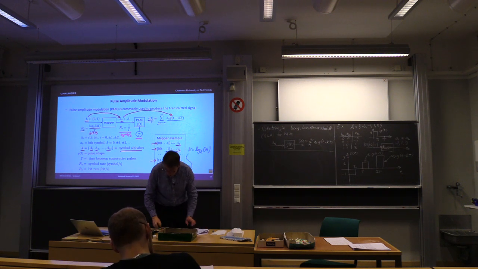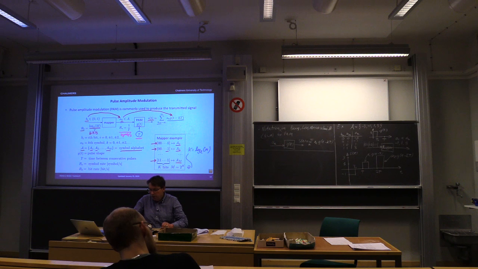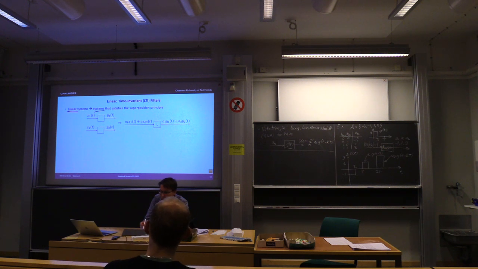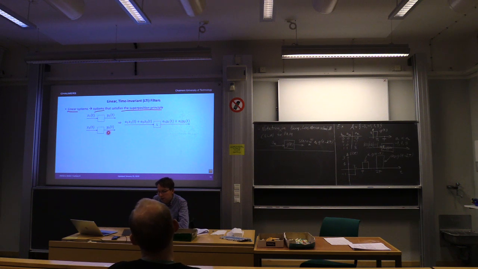Okay, now a quick review of linear time invariant filters. What are those? Well, first of all, linear systems are systems that satisfy the superposition principle, meaning that if x1 produces y1, x2 produces y2, then a linear combination of x1 and x2, that is, we take two scalars, a1 and a2, multiply them with x1 and x2, add everything together, then if the system is linear, the output is the same linear combination, but of the corresponding outputs.